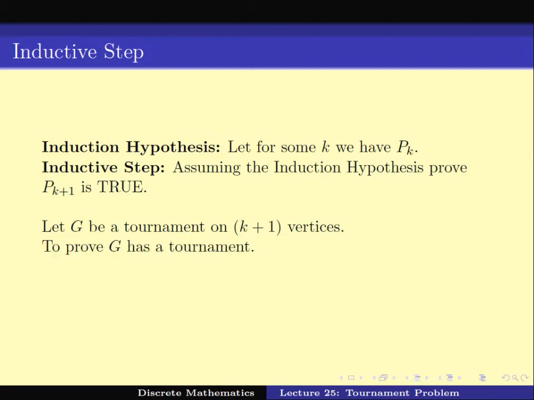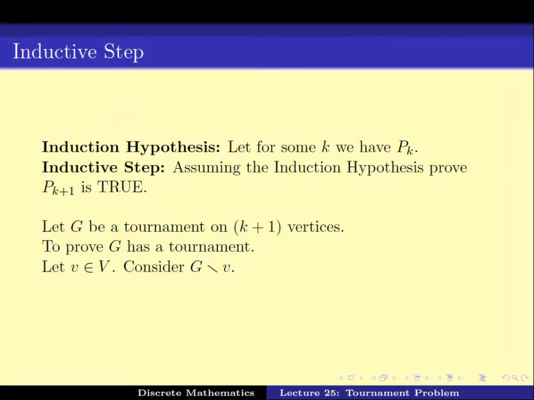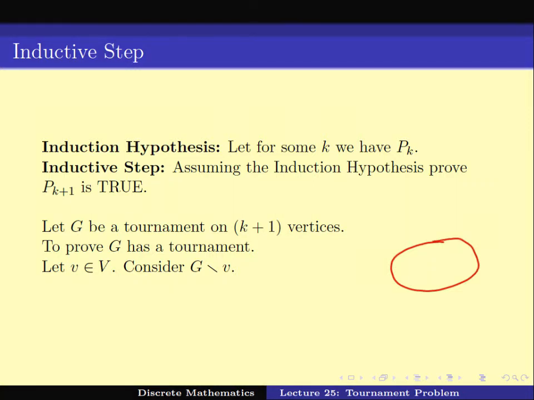So here, if we have to prove that G is a tournament, we start with any vertex V. Now, how does it look? So here is the graph G, and I picked up a vertex out of it. So this is V, and this is G minus V, right? And there are edges from V to all the vertices in G minus V, and they are oriented in some direction, which we don't know.